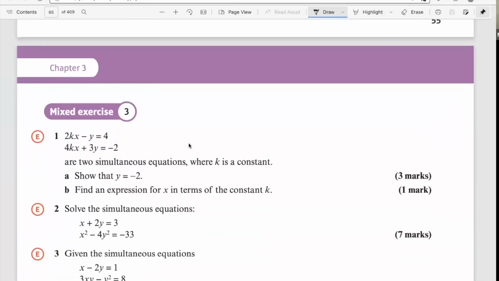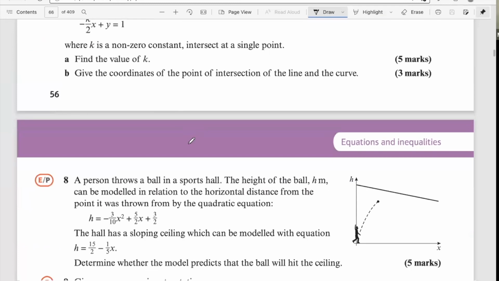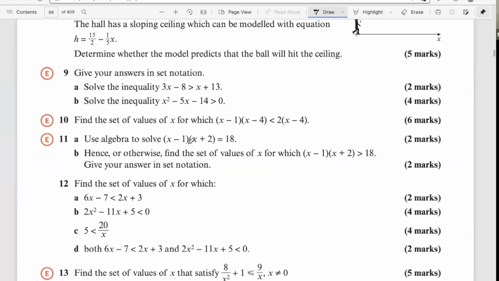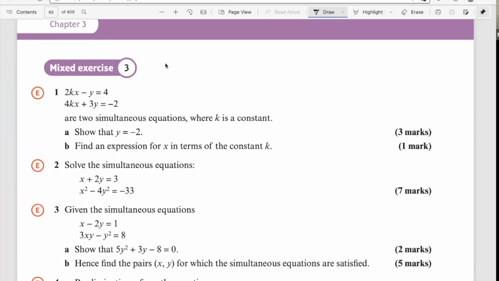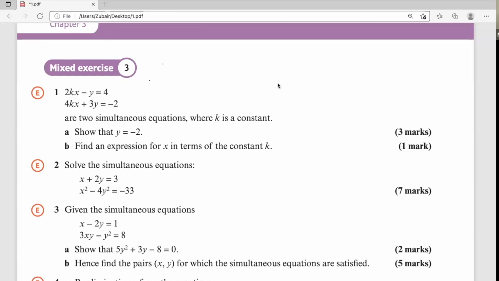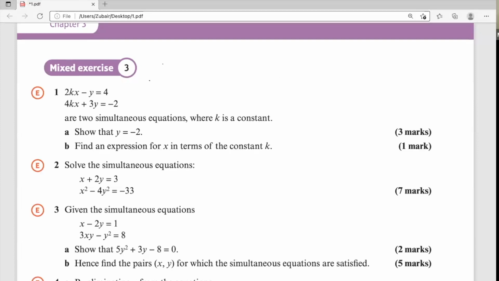So if I mark a few questions, will you be able to solve them today and we'll discuss those if you don't get the answer? I'll solve a few questions with you.